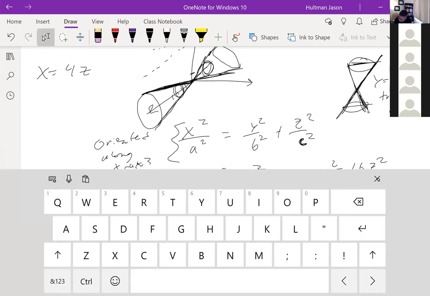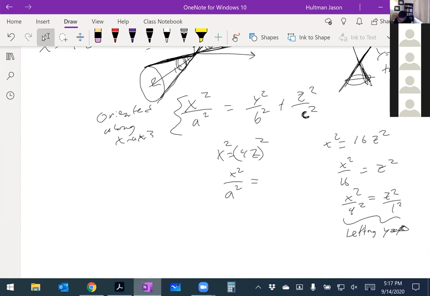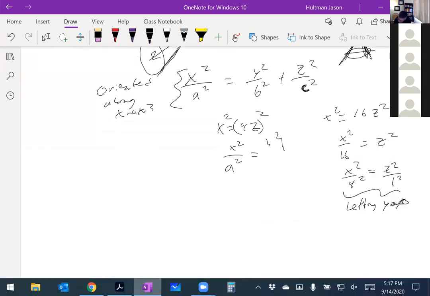But the idea here is letting y be 0, we can figure out what a and c are. Y squared over b squared plus z squared over c squared.